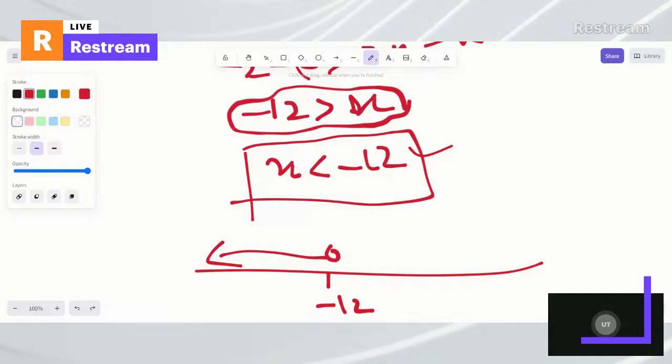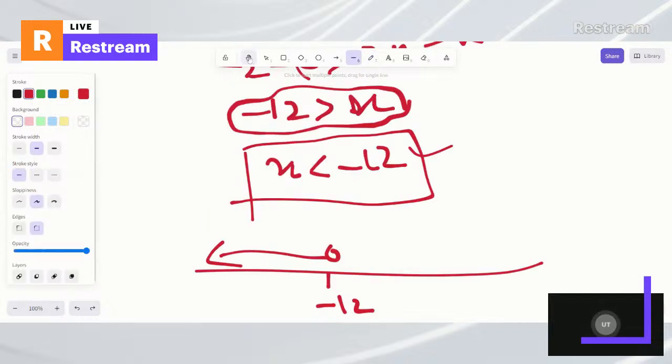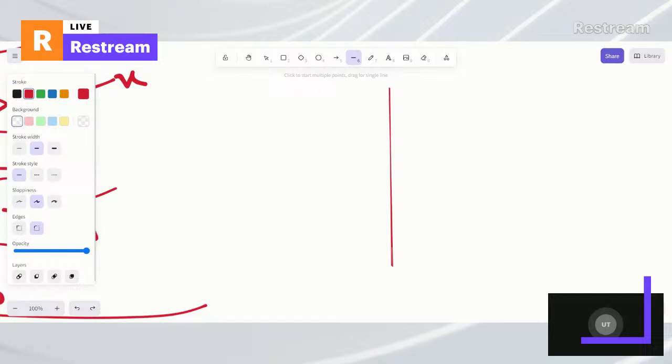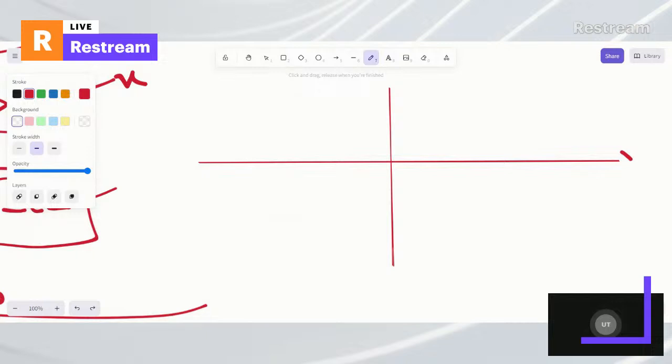It's basically linear lines being drawn together. So let's say that you have a graph. I'm going to roughly sketch a graph over here. This is a y-axis and this is an x-axis. One, two, three, four, five.